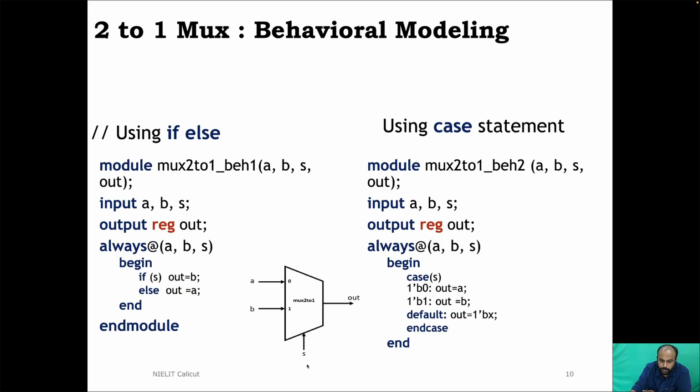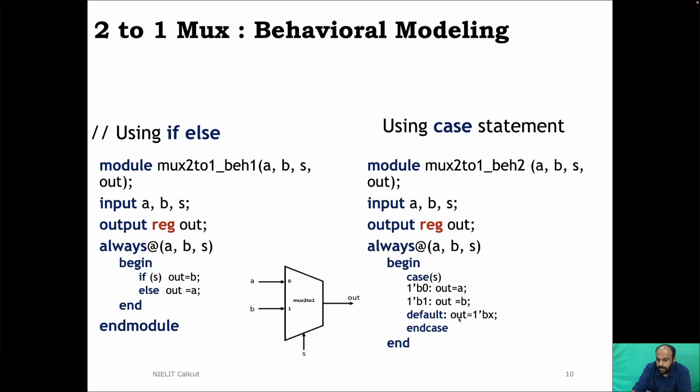The user is supposed to give either a 0 or a 1 here. But if the user is not competent to understand that, or if there is some spurious voltage, or some attenuation happening with the S, a 0 given may read as a higher value, or a 1 given may not read like a 1. In that case, what your hardware should do is mentioned by the keyword default.